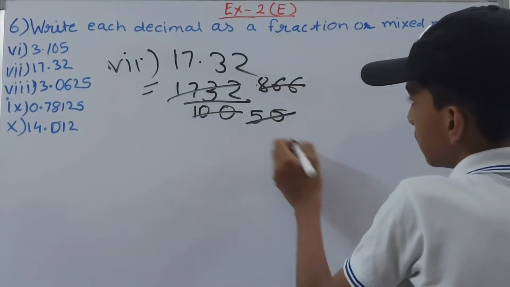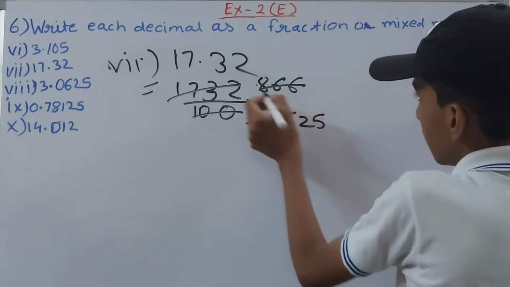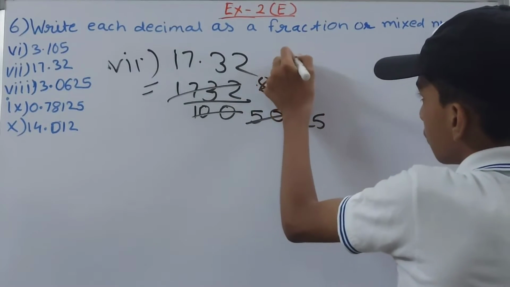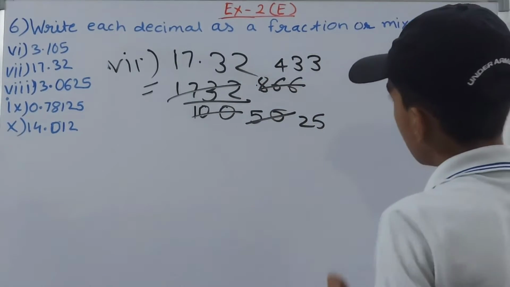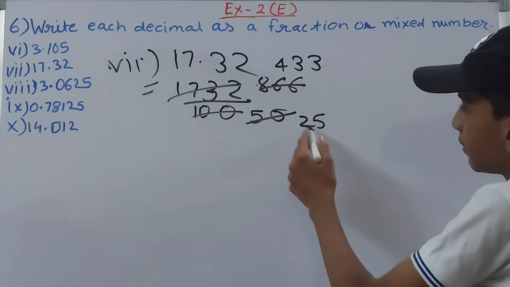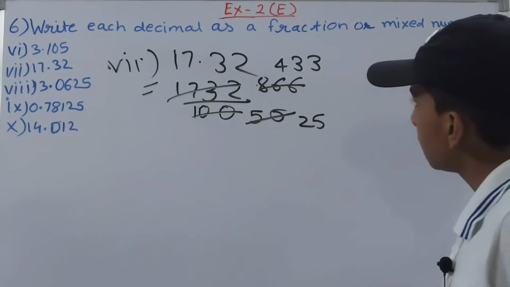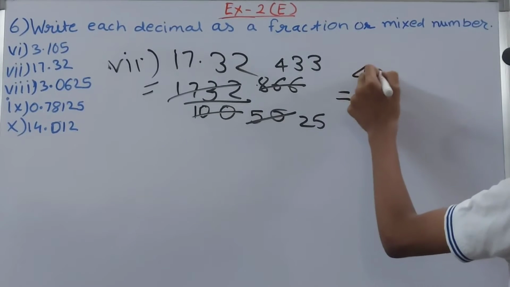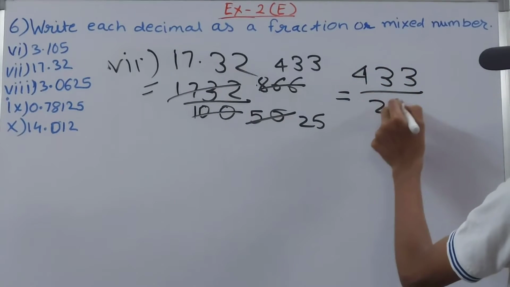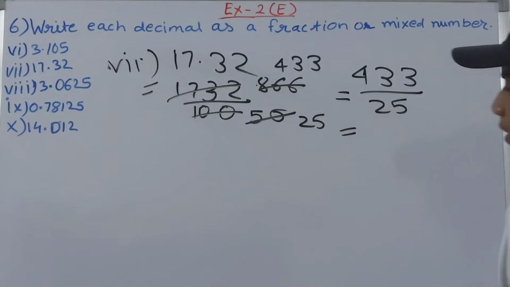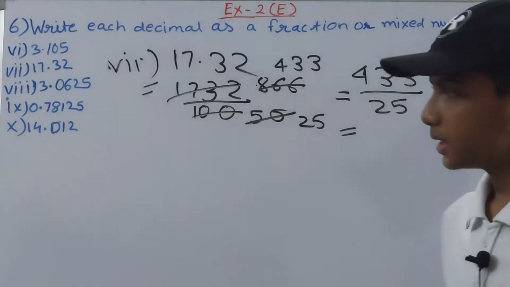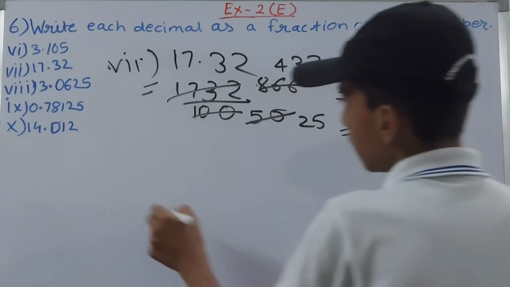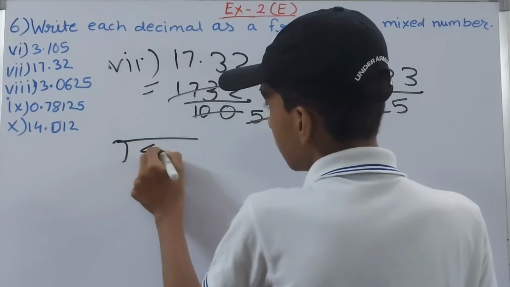Again by 2, so we have 433 upon 25. 25 goes by 5, but 433 is not divisible by 5. So 433 upon 25. Now we convert this into a mixed fraction, so we divide it here, because I don't know the table of this.